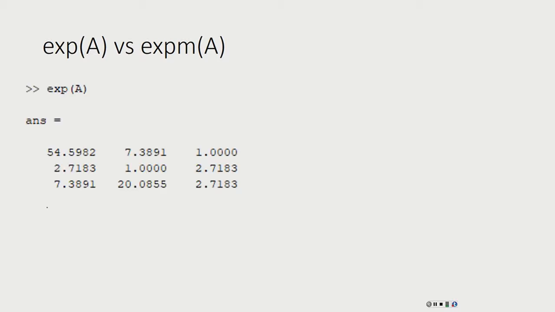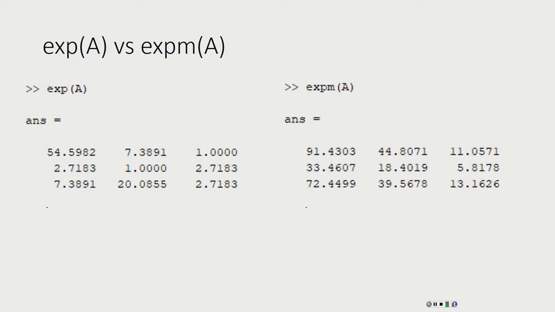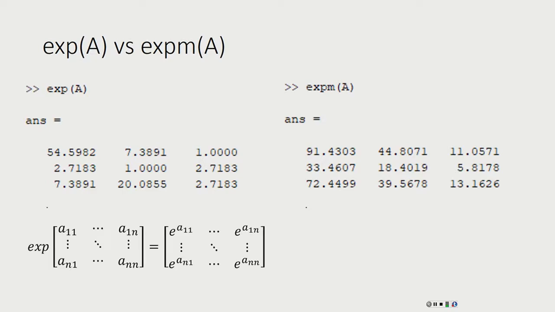So the second topic, exponential of a matrix and matrix exponential of a matrix. So here is the exponential of the matrix A in the previous problem, and then the matrix exponential of matrix A. So exponential of a matrix is simply take each term in the matrix and take the exponential of it.